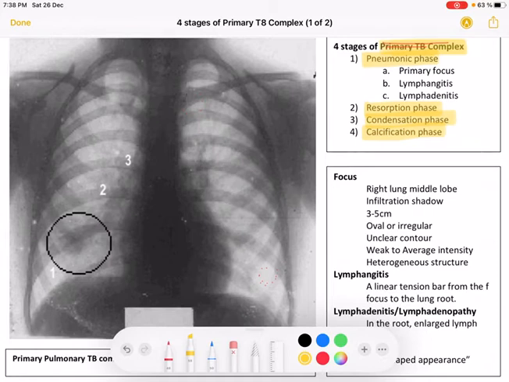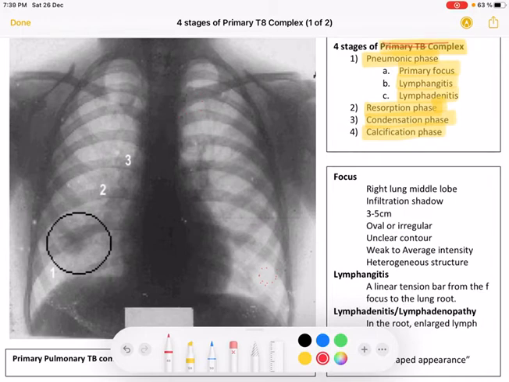The primary pneumonic phase comprises the primary focus, lymphangitis, and lymphadenopathy, or lymphadenitis. Three things. Now we will discuss the resorption phase. The components are the same, but there are certain changes we can see in the resorption phase.